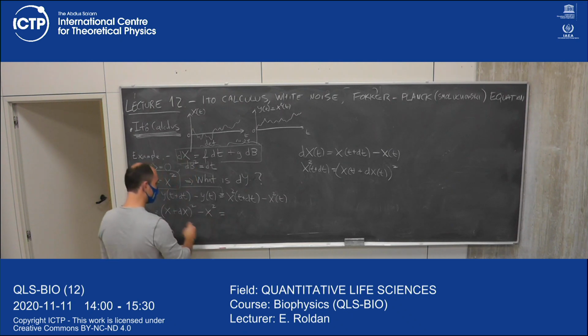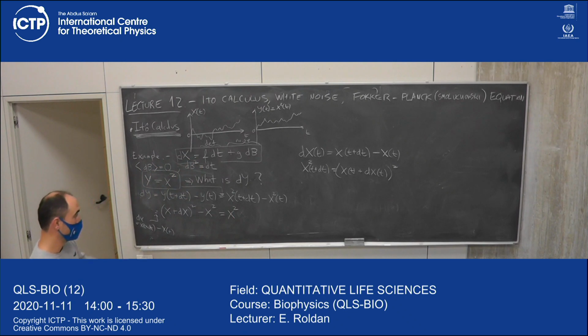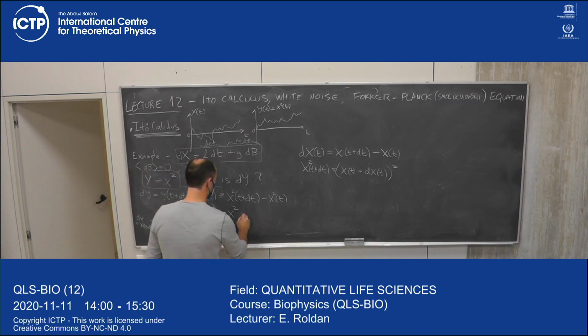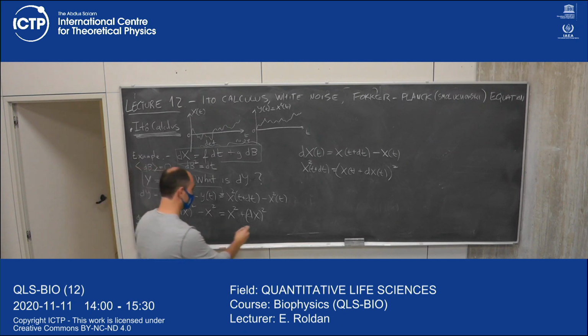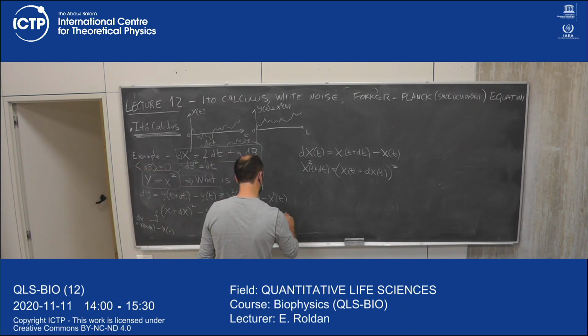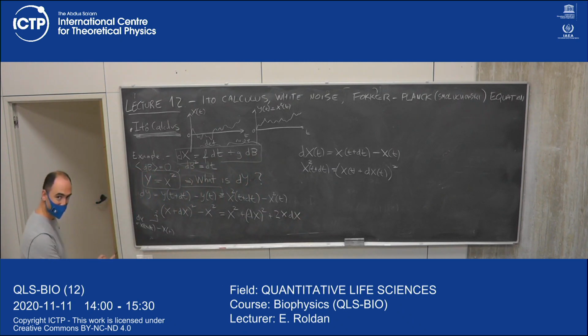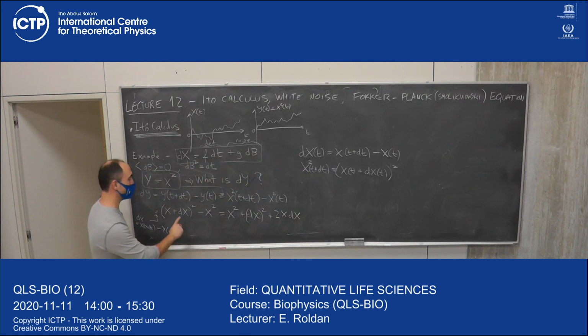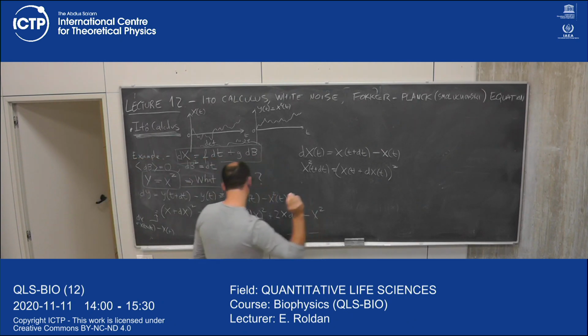It is the square of the first, the square of the second, plus twice the first times the second. Agree with me? Simple and plain. And then this is minus x squared.